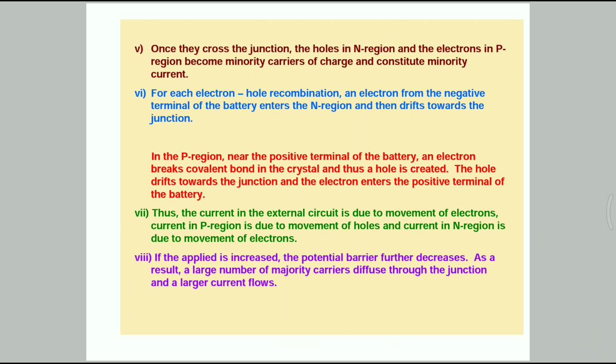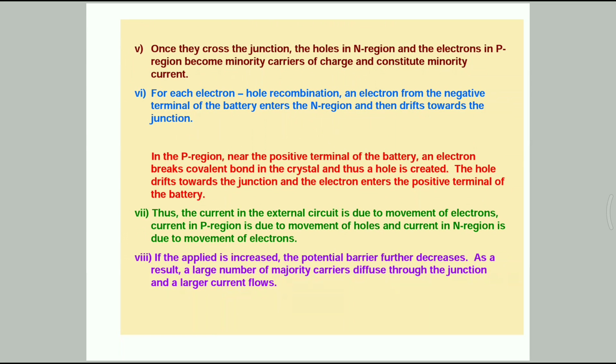In the P region near the positive terminal of the battery, an electron breaks a covalent bond in the crystal and thus a hole is created. The hole drifts towards the junction and the electron enters the positive terminal of the battery. Thus, the current in the external circuit is due to movement of electrons. Current in the P region is due to movement of holes and current in the N region is due to movement of electrons.